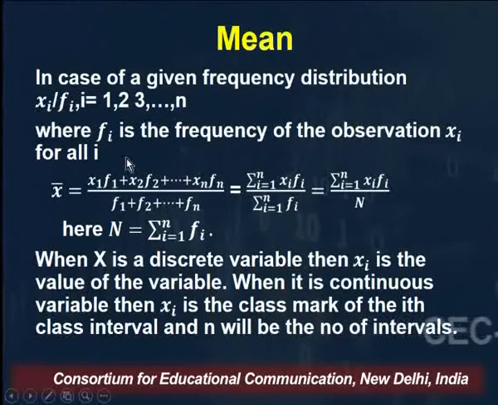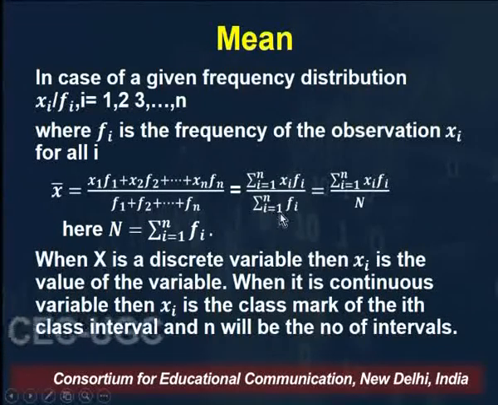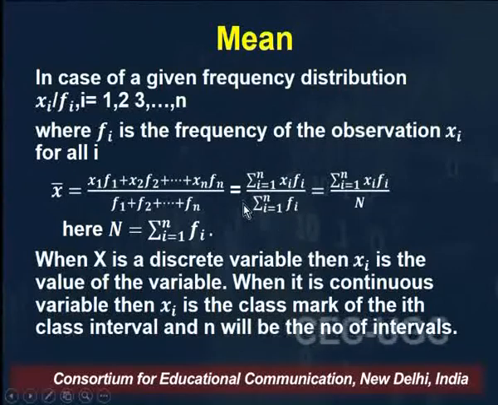Similarly, for the numerator, the ith term of this sum will be xi into fi, and the sum goes from 1 to n. So it becomes the summation from i equal to 1 to n of xi fi upon the summation from i equal to 1 to n of fi, which we will always write as capital N, the sum of all the frequencies.